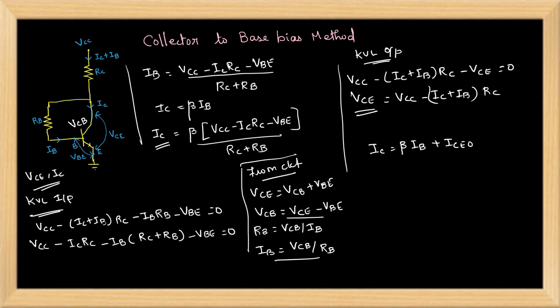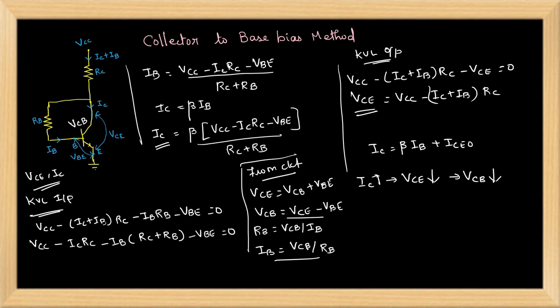When IC increases, VCE decreases. From this equation we can see when VCE decreases, VCB decreases.